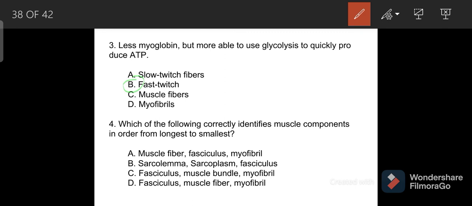Which of the following correctly identifies muscle components in order from longest to smallest? A. Muscle fiber, fasciculus, myofibril. B. Sarcolemma, sarcoplasm, fasciculus. C. Fasciculus, muscle bundle, myofibril. And D. Fasciculus, muscle fiber, myofibril. So the correct answer is letter D.